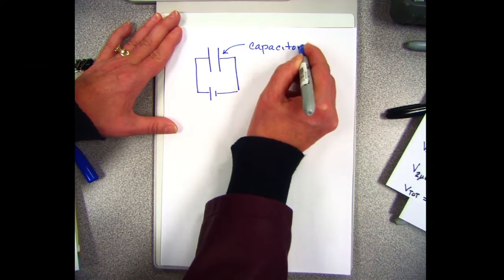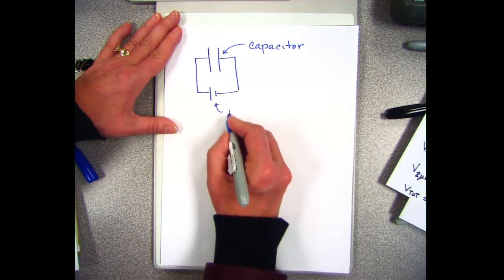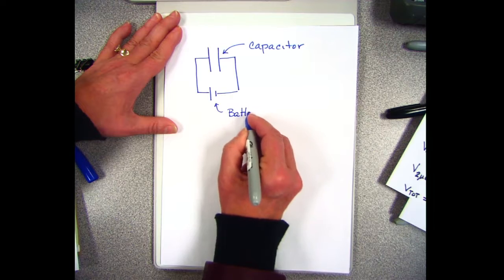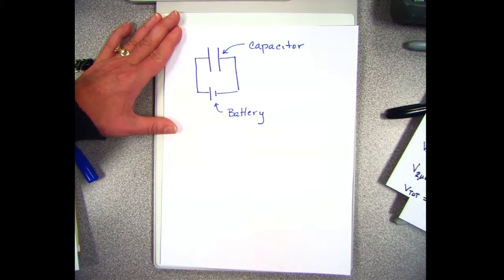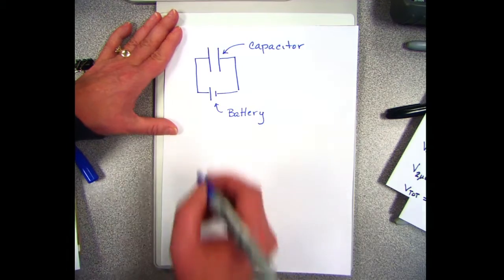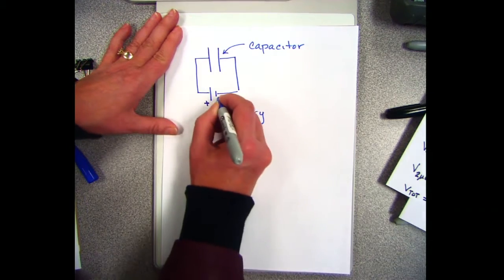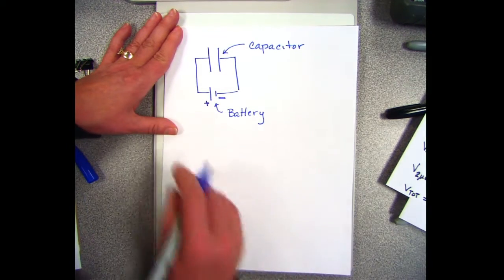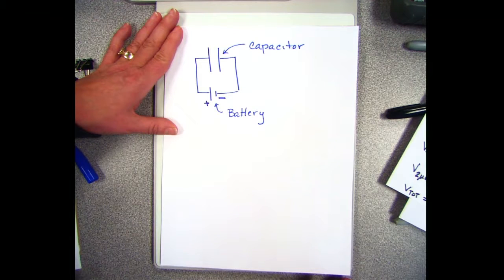And this is where Ben Franklin gets us a real pain in the tushy. This side of the battery is positive, this side of the battery is negative. So if I have current, and we'll start talking about current and resistance on Friday, current is going to go from positive to negative.